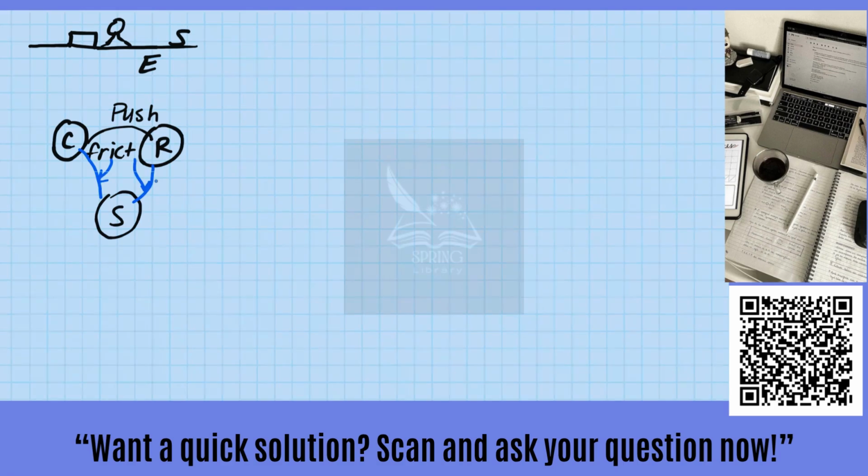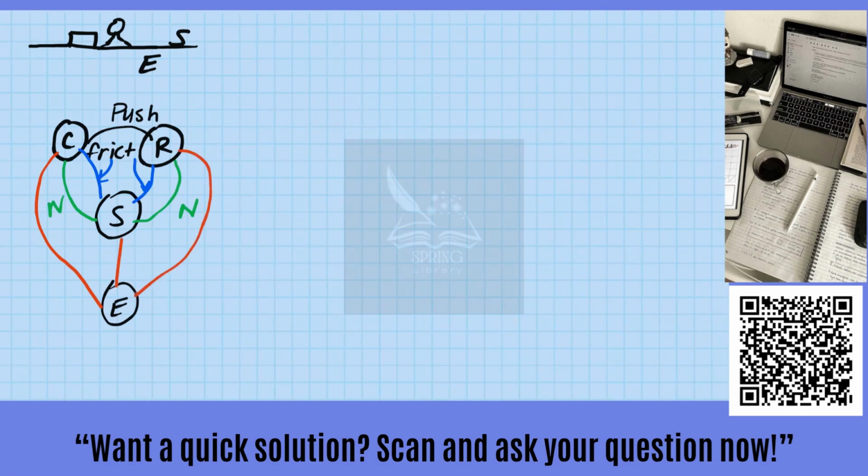Between the rabbit and the surface there's friction. There's also a normal force between the car and the surface and the rabbit and the surface. And then if we are talking about the earth, there is gravity between the car and the earth, the surface and the earth, the rabbit and the earth. So this is our interaction diagram.